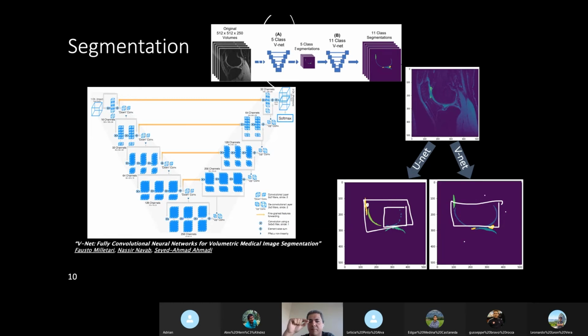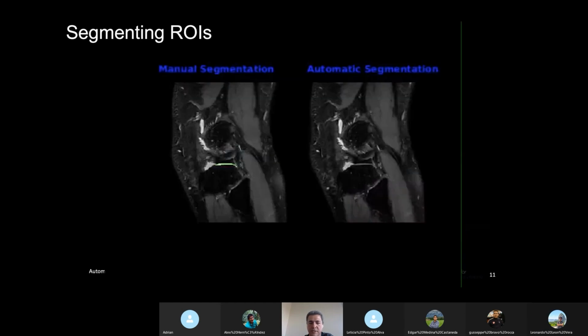The person doesn't know if that bright signal is cartilage or fluid in the knee, and has to make a decision, and different people are going to make different decisions. So that's why we believe this is a very good model, and we use it not only for segmentation but also for measuring the biomarkers for OI.